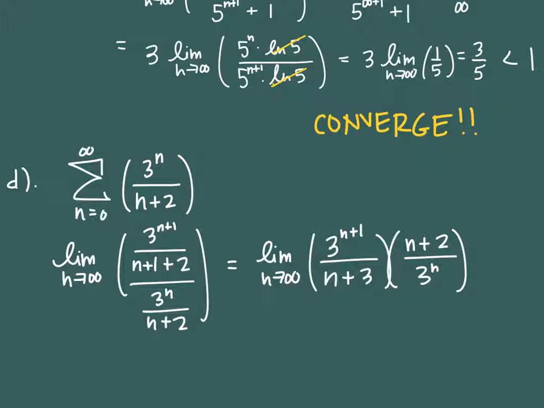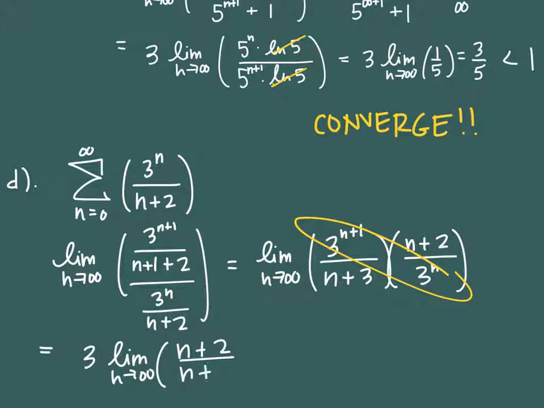And then we've got another opportunity to reduce the 3's here. And so what constant can I pull out to the front? 3 times the limit, and I'm left with n plus 2 over n plus 3.